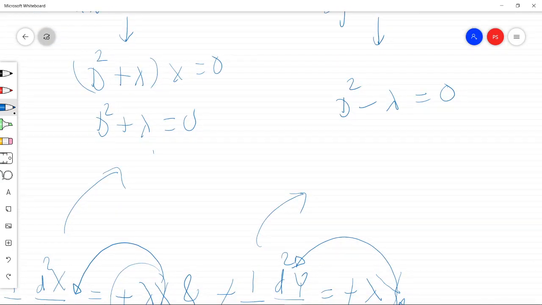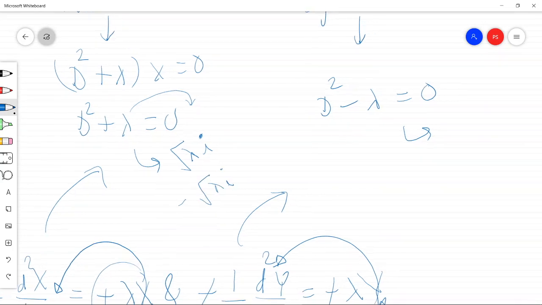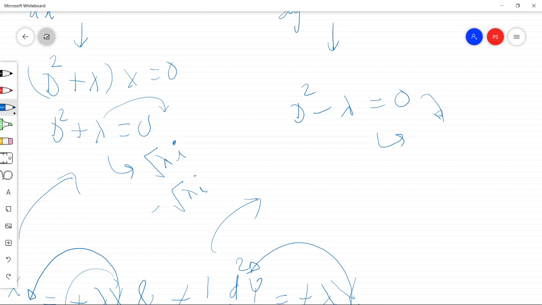Now this auxiliary equation has got two roots, namely in this case the root will be root lambda times i. Obviously if we shift lambda it becomes negative, and then we take the root of a negative quantity, which gives us an i, and the other root is minus root lambda i. In the other case the two roots are simply root lambda and minus root lambda.